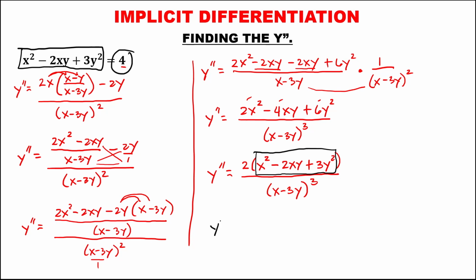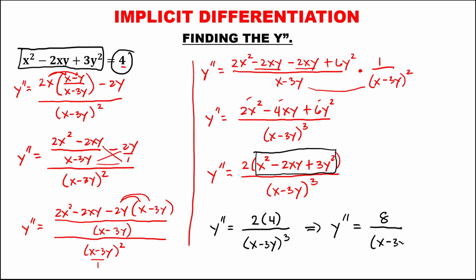So therefore this becomes y double prime equals 2 times 4, then over x minus 3y quantity to the power 3. So therefore the second derivative is equal to 8, then over x minus 3y quantity to the power 3.